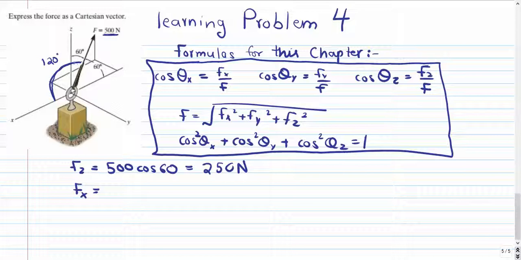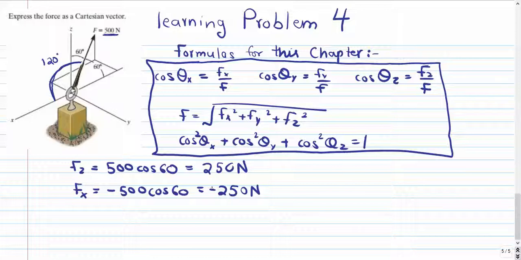Had we used this 120 degree angle, the calculator would have given us a negative value automatically. Okay, so negative 500 cos of 60 gives us negative 250 newtons.